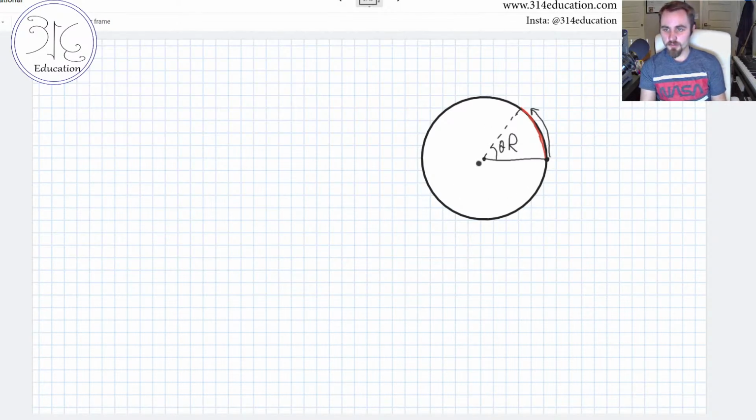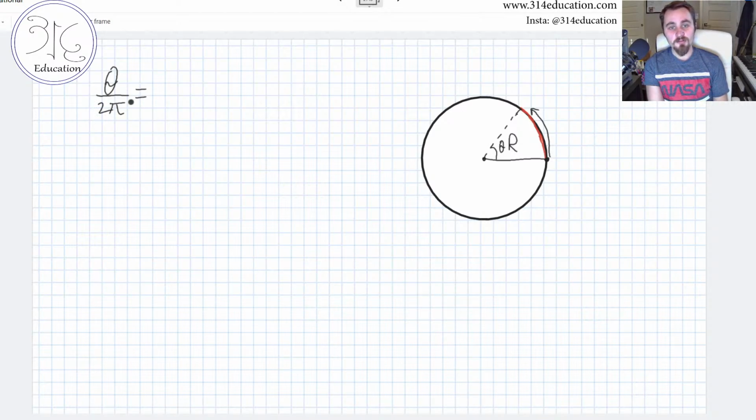If we think of this theta as just taking some fraction of the circle, some piece of the pie, it's going to take a fraction proportional to its angle, which is just theta in radians, divided by the total amount, the whole pizza. The total amount, the complete circle in radians, is 2 pi.